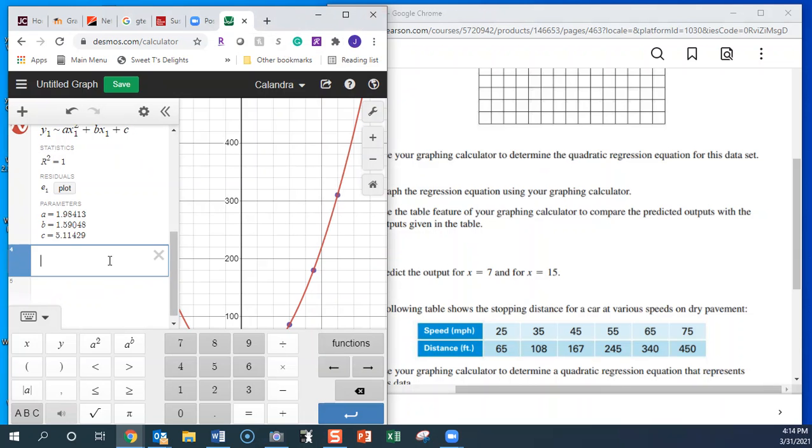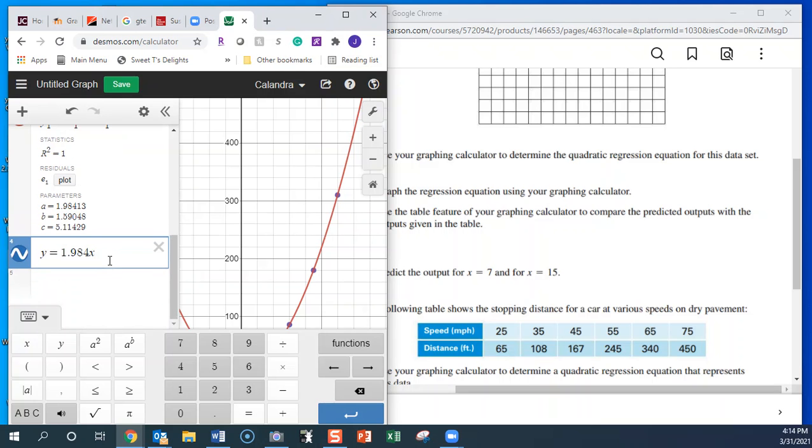So we will have y is equal to 1.984 x squared plus 1.590x plus 5.114.